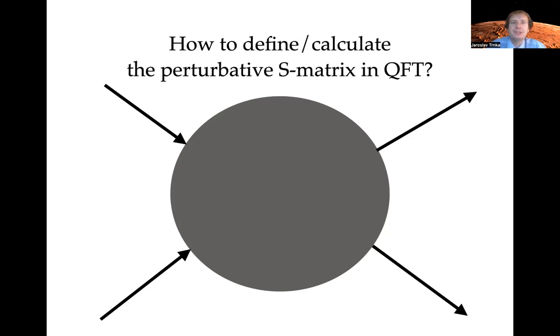So one of the big questions, more philosophical but also with practical implications for the search for new ideas, is to describe in some new way what the perturbative S-matrix in quantum field theory is, how to define it, and how to calculate it.